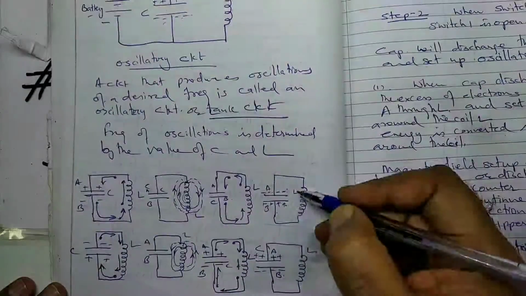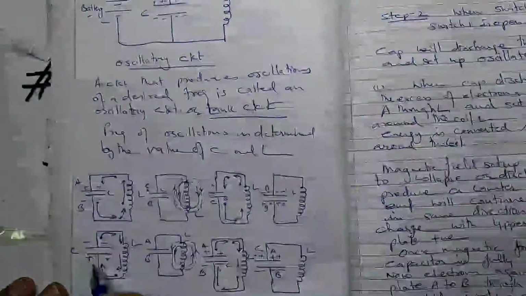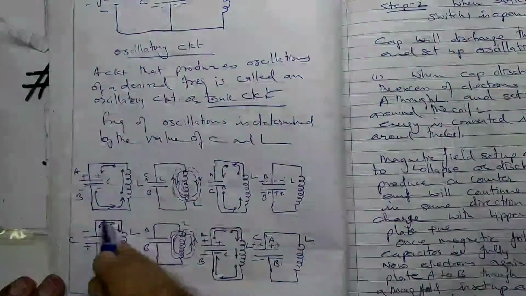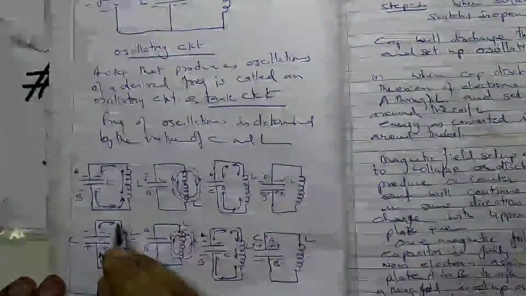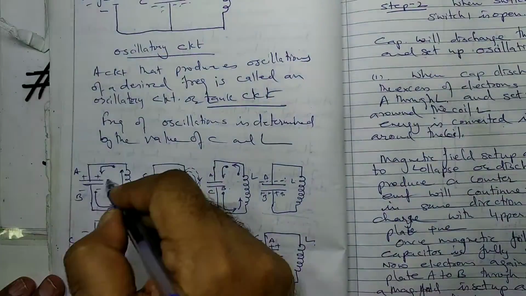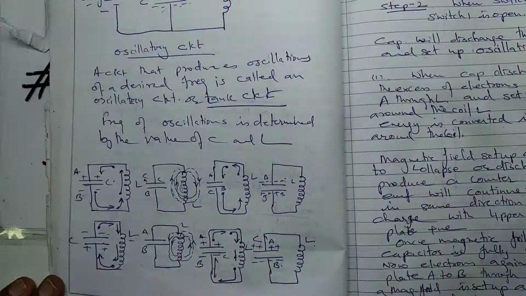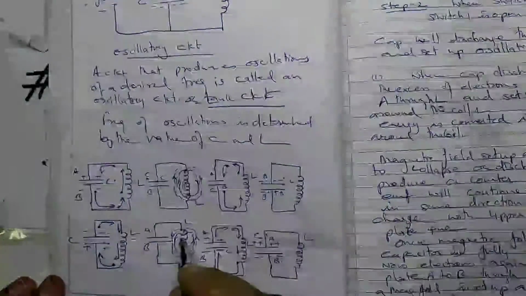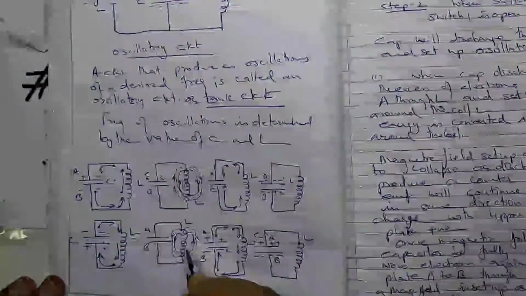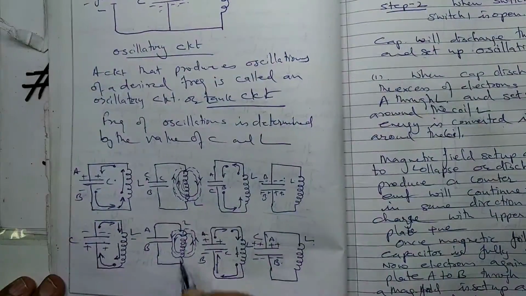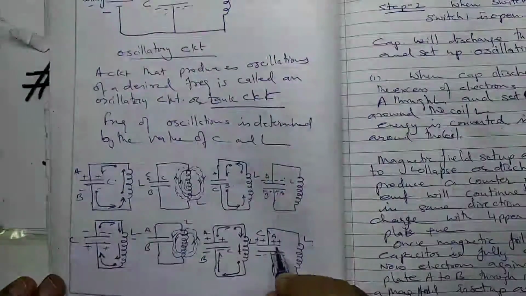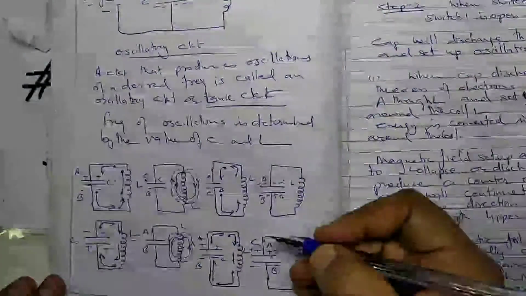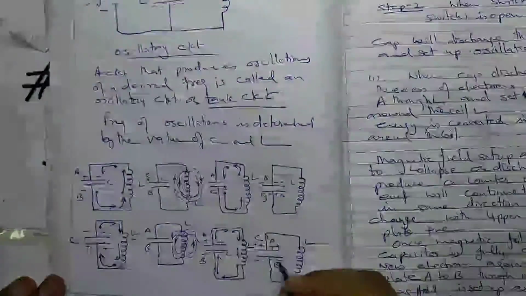Again the capacitor will try to discharge through the inductor, but now the current will flow in the opposite direction to the first one. When the capacitor is discharged, energy is stored in the inductor. Again, when the energy is discharged, the capacitor will charge in the other direction with upper plate positive and lower plate negative.